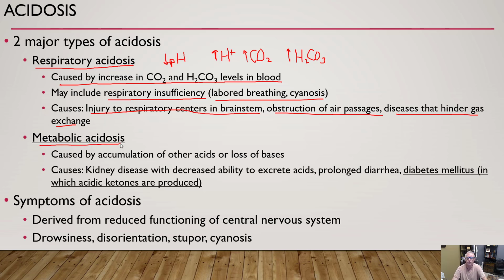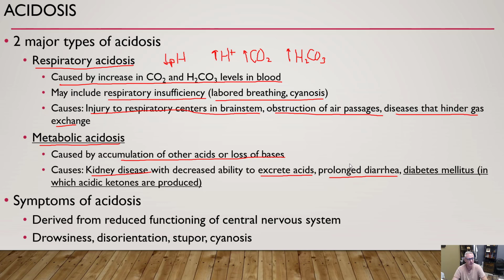Metabolic acidosis are metabolic, non-respiratory conditions: accumulation of acids or losses of bases that do not fall under respiratory conditions. Kidney disease, where you can't excrete acids. Prolonged diarrhea. Remember, you lose base below the belt.